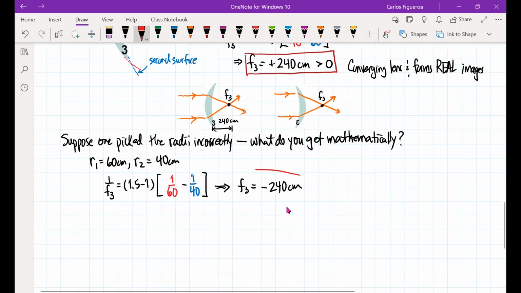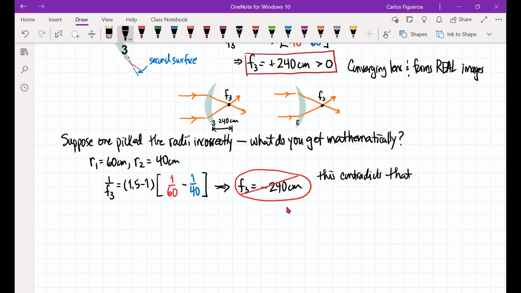So this immediately tells you that this contradicts that thicker in the middle is converging. It's not a diverging lens.